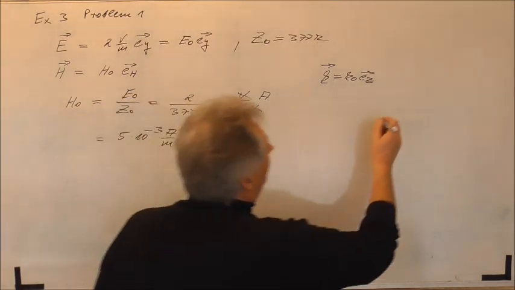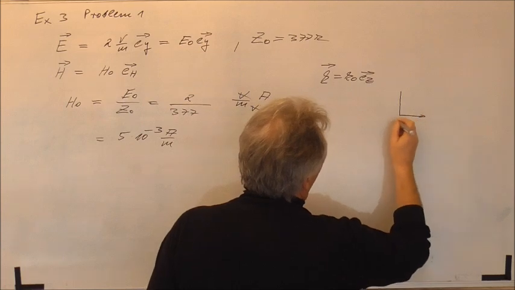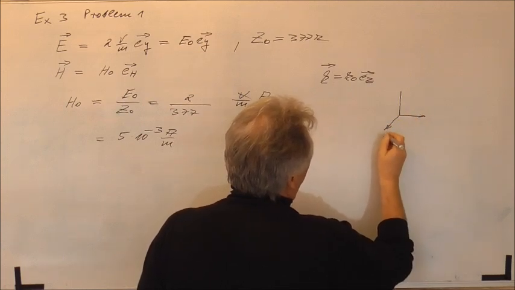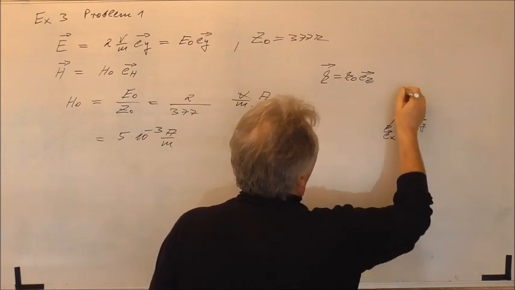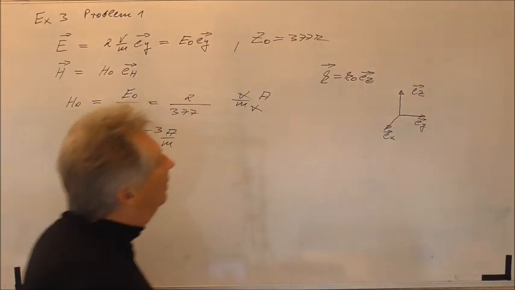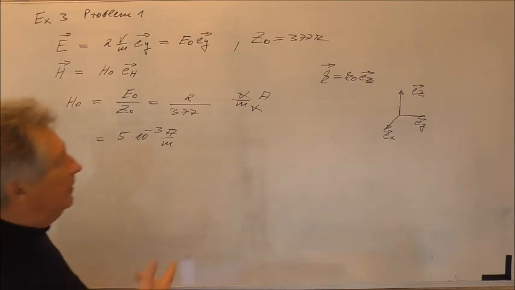And now we must remember, of course, that perhaps first I sketch here the unit vectors, EZ, this is the right-handed coordinate system for the rectangular coordinate system.